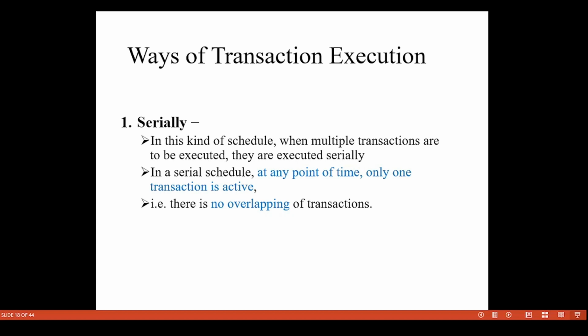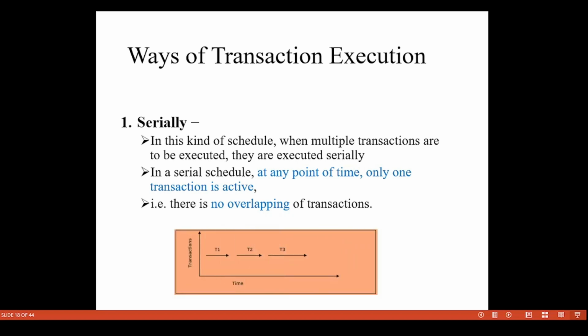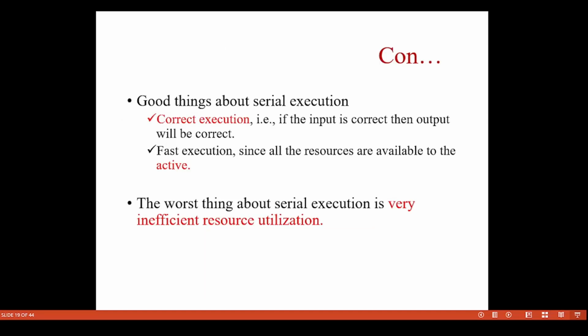In serial schedule, at any point of time only one transaction is executed. There is no overlapping of transactions, just like this figure: transaction 1, transaction 2, transaction 3. The good things, or main advantages, of serial execution: if input is correct, the output is correct.